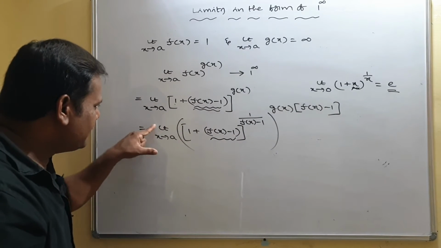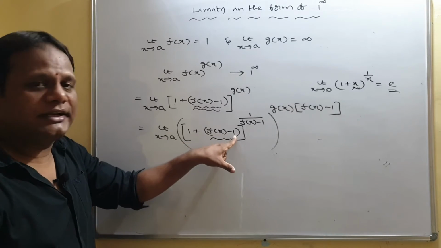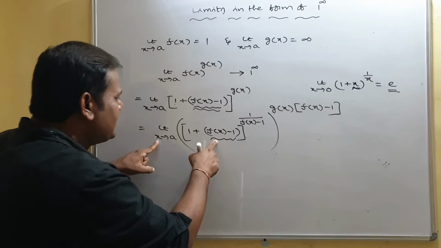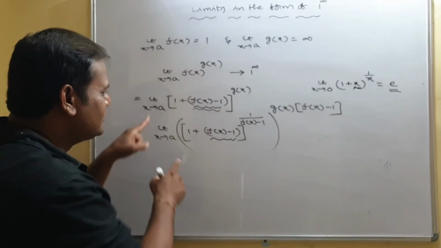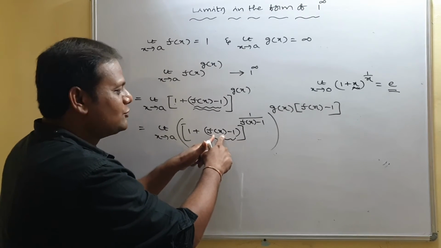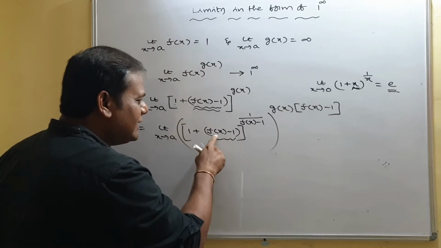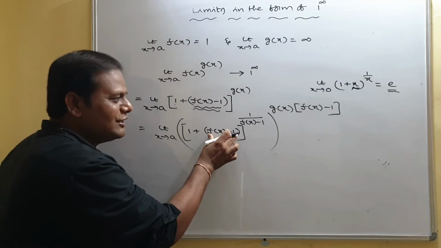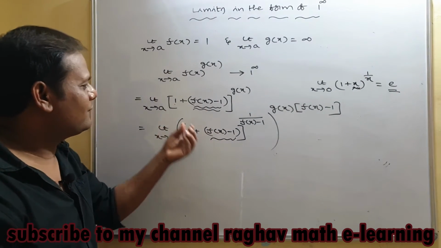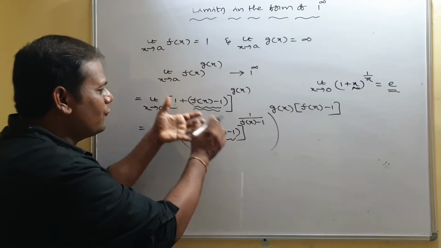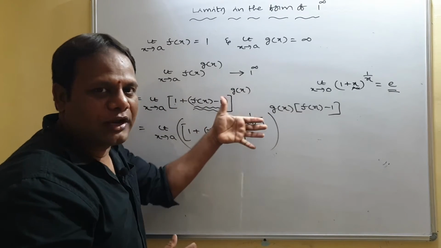What about this? Here limit x tends to a of f of x minus 1. What is limit x tends to a f of x? That is 1. So 1 minus 1 is 0. Yes, it is approaching 0 only. So can I apply this result? Yes, it is in the style of limit x tends to 0 of 1 plus x whole power 1 by x.